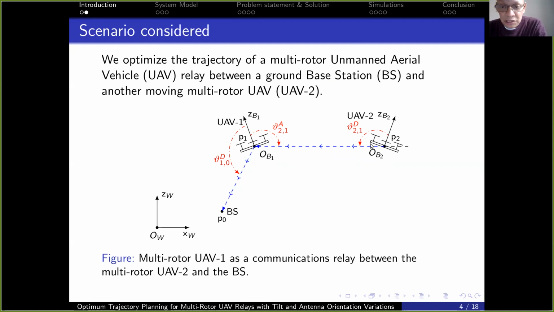And as the UAV tilts, the angles of arrival and the angles of departure will be changing. So that means that if we consider the antenna radiation patterns, the total channel gain will depend not only on the distance between the UAVs, but also on their individual tilt, which will be changing as they are following their trajectory. So this is important because the channel gain will depend not only on the distance, but also on the tilt of the UAVs.